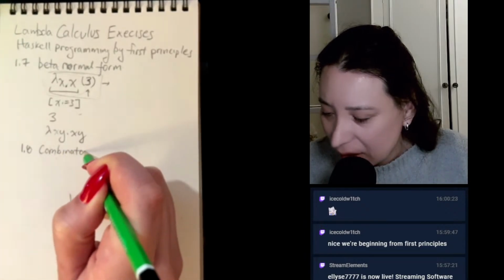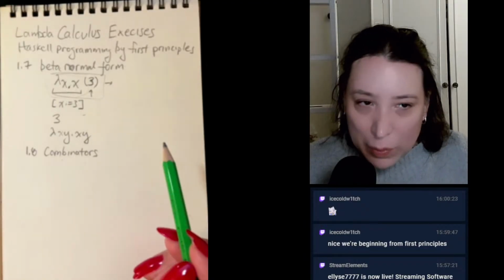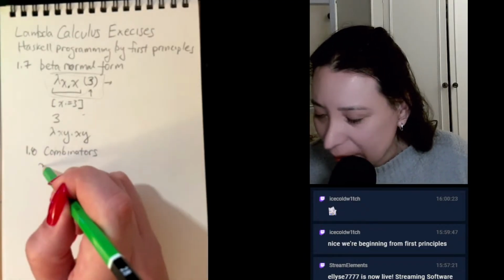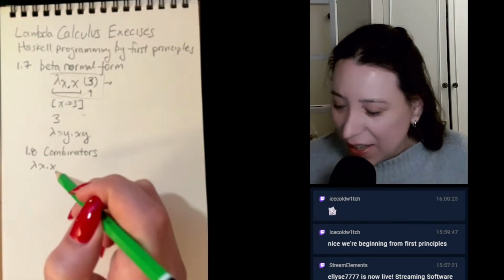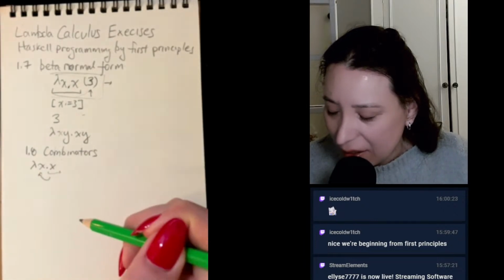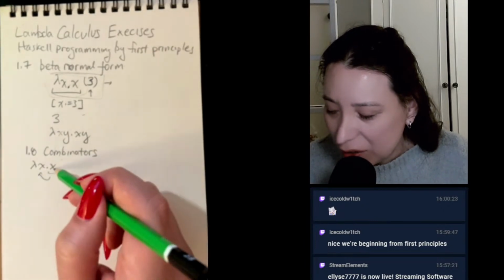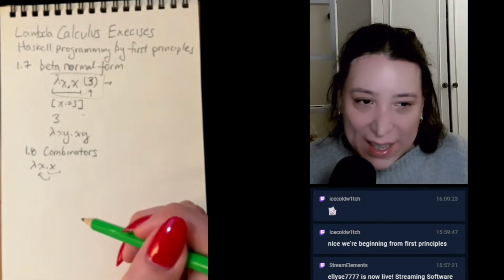Combinators. And that just means that when you have an expression, we'll stick to our handy identity function here, that everything in the body here exists in the head, right? So if there's multiple terms here, that all of them are in the head.